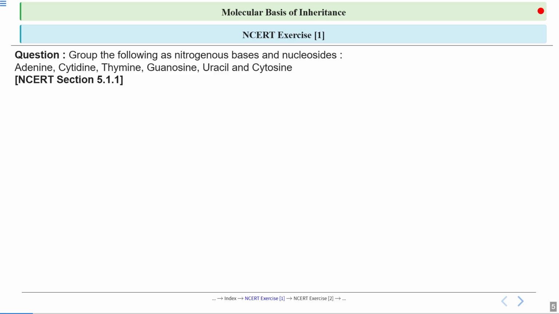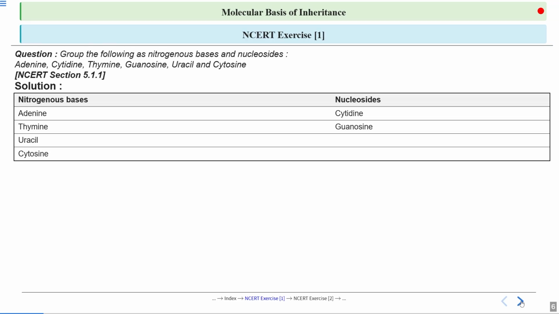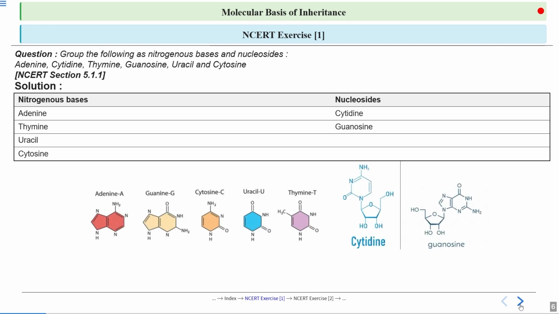But here they have asked which among them are nitrogenous bases and which are nucleosides. So the nitrogenous bases among these options are adenine, thymine, uracil, and cytosine, whereas the nucleosides are cytidine and guanosine. Here is the pictorial representation of these nitrogenous bases as well as nucleosides.